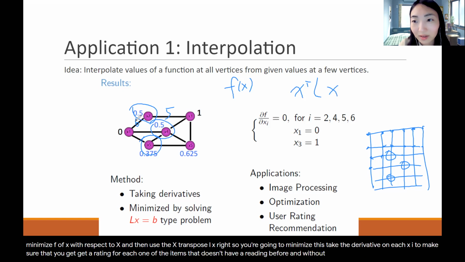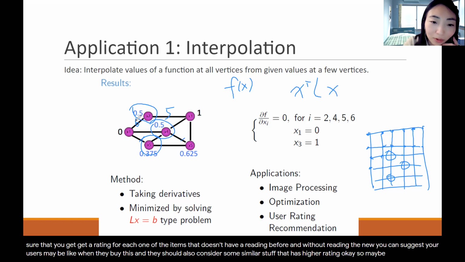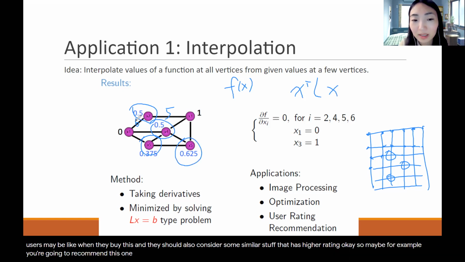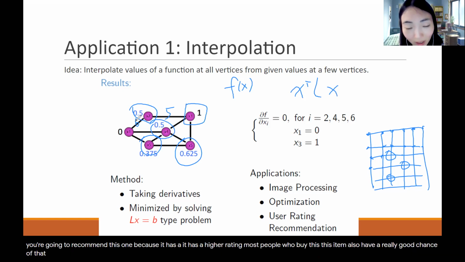And with that rating, you can suggest to your users, maybe when they buy this, they should also consider some similar stuff that has a higher rating. Okay, so maybe for example, you're going to recommend this one because it has a higher rating. Most people who buy this item also have a really good chance of buying this one. Okay, and it has in general a better rating.